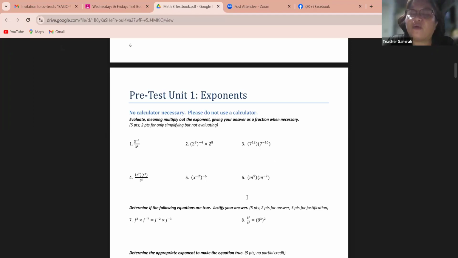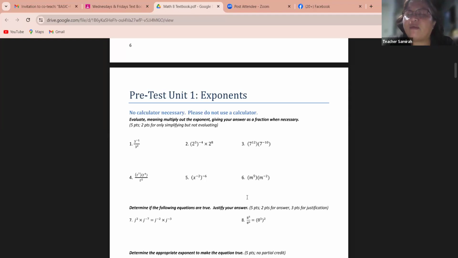What operations are we going to use? We are talking about the exponents here, so we will focus on the exponents. What will be your answer? Anyone? What are you going to do?